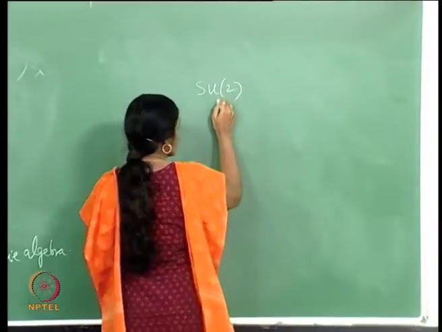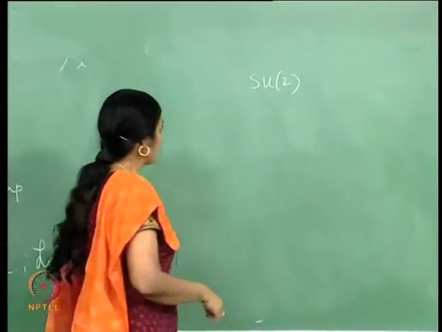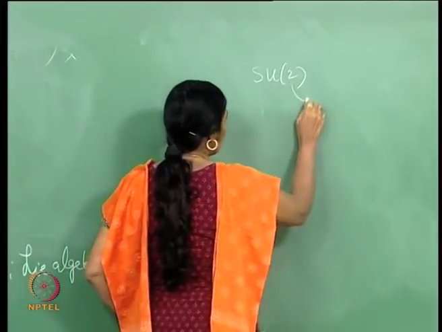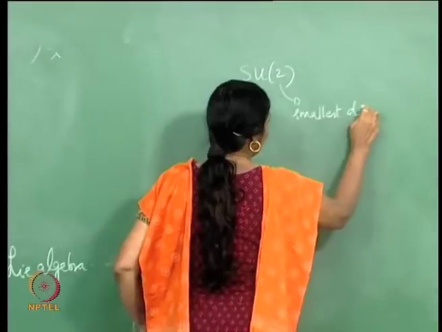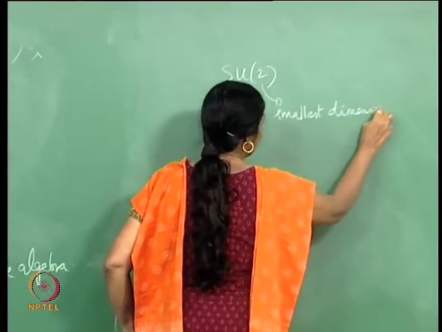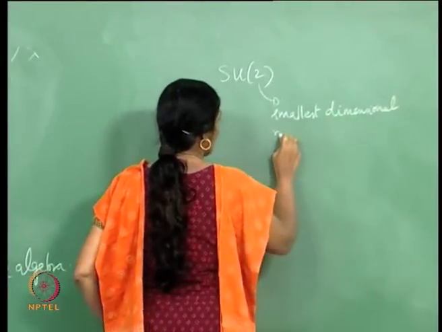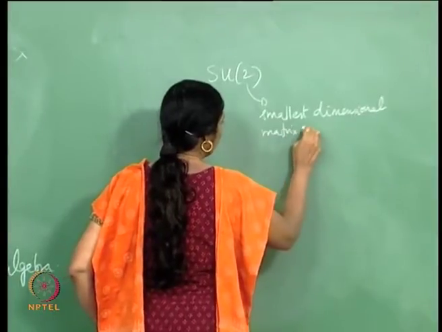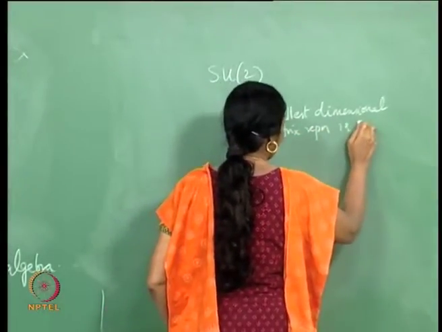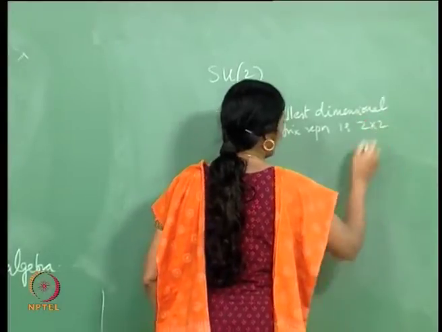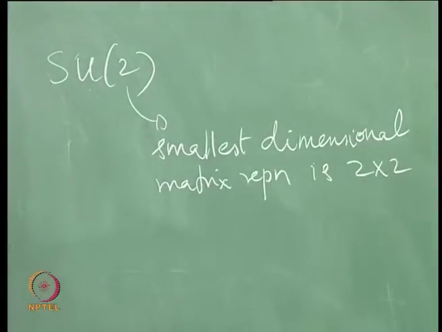Unitary because I have been working with unitary matrices, 2 because the smallest dimensional matrix representation for Sx, Sy and Sz is 2 by 2, the Pauli matrices or the spin matrices.